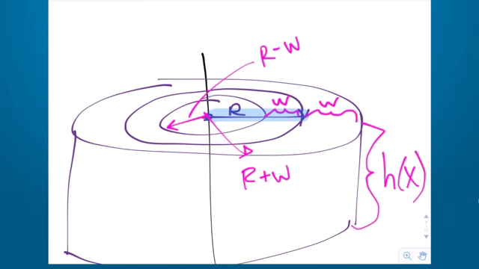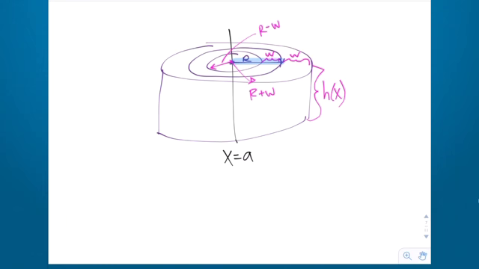Now remember, how thick are each of these little cylindrical shells? Infinitely thin, which is why I want to be able to express the radius as a single letter R. So let's go ahead and find the volume. The volume of the shell is once again the volume of the whole thing minus the volume of the hole, just like with the washer.